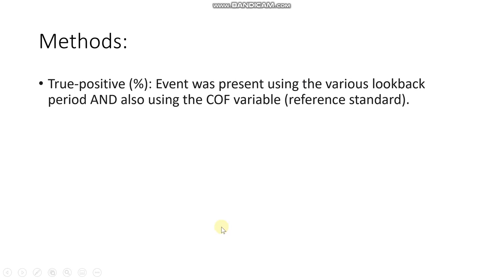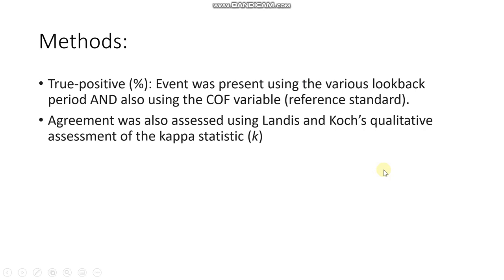The statistical analysis was fairly simple, and we sought to see the percentage of conditions identified using the look-back period that matched with the COF variable, and we used the kappa statistic to give us an objective measure of the agreement between the two methods.